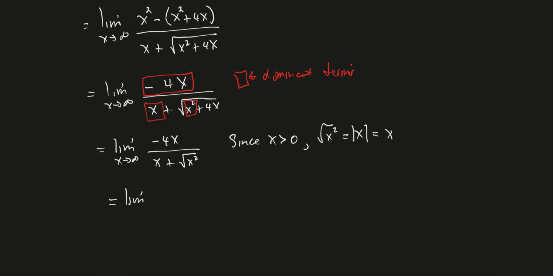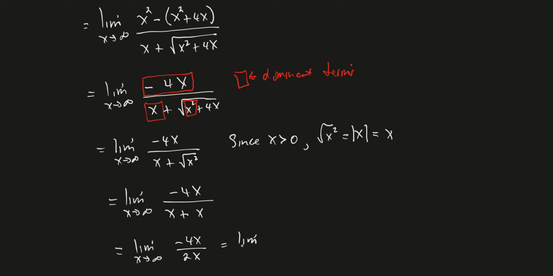So we have the limit as x approaches positive infinity, and we have negative 4x over x plus, and then this reduces to x. So what do we end up with? Well, we end up with something that can be reduced quite nicely, because in the numerator we have negative 4x, in the denominator we have a positive 2x, so this reduces to a constant term completely.